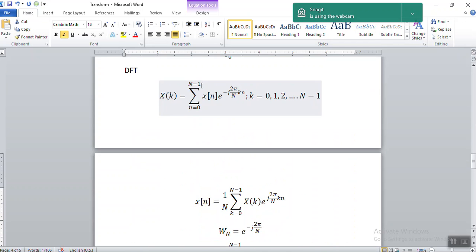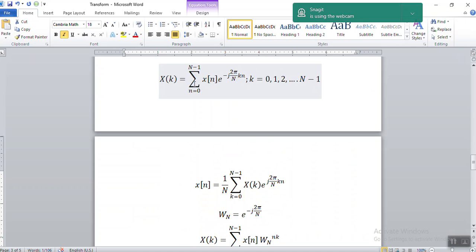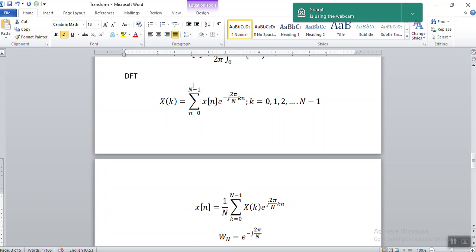Why? Because as in the time domain sampling, if f_s, that is the sampling frequency, is less than twice f_m, then aliasing occurs. Similarly, if capital L is the number of samples in x of n and capital N is the N-point DFT, and N is less than L, then aliasing will occur in time.